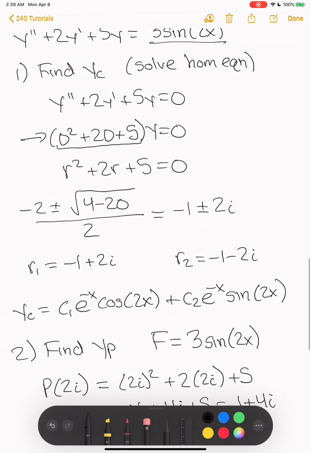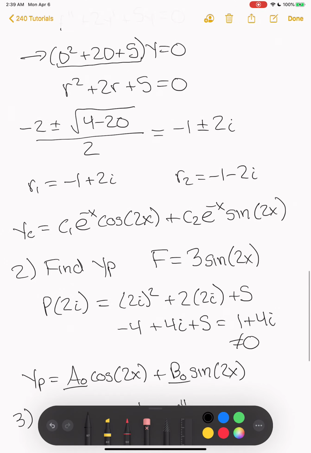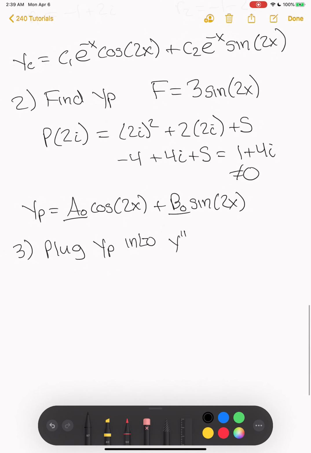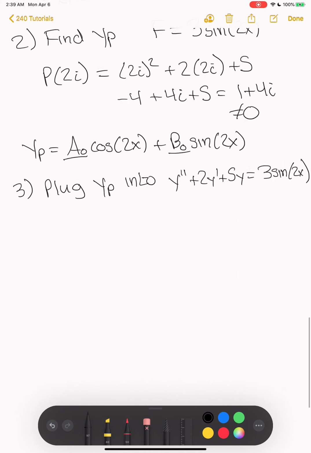I have to plug yp into my differential equation, y double prime plus 2y prime plus 5y, which is equal to not 0, but the function they gave me. And that will allow me to solve for a naught and b naught.